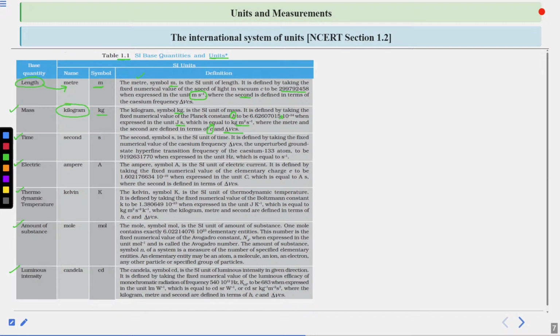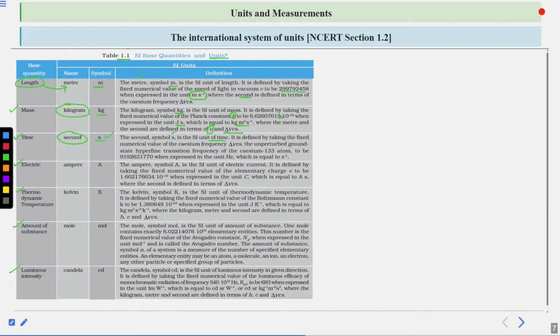This is clear. Our third unit is time. Time is measured in seconds, and the symbol is s.